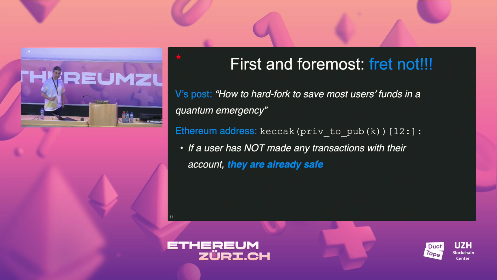So if you see a quantum computer coming, just move your ether to a fresh address and you're fine. This means hashing, this means SHA-3, this means symmetric cryptography is not broken by a quantum computer. But at the time you do one single transaction, goodbye your ether, in case there is an attacker with a quantum computer.